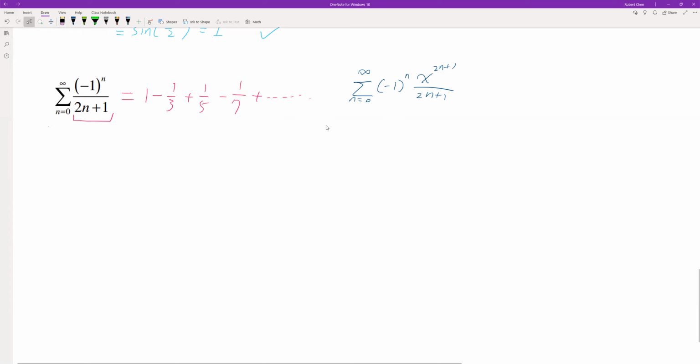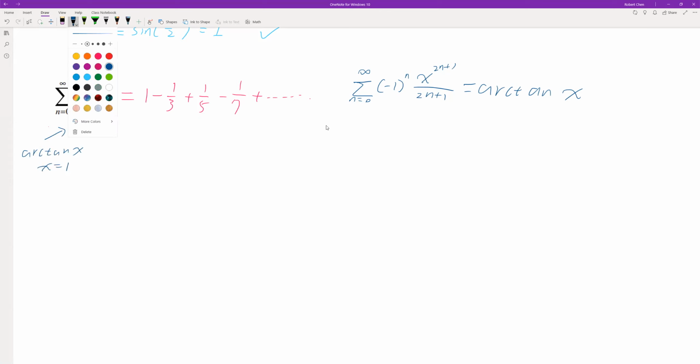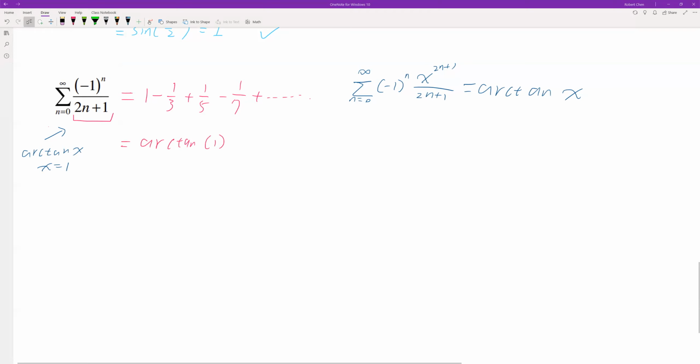So this is actually arctangent of x, but here it's actually arctangent of x when x is equal to 1, right? So what we have here is actually just arctangent of 1. And what is arctangent of 1, right? That's right. It's pi over 4.